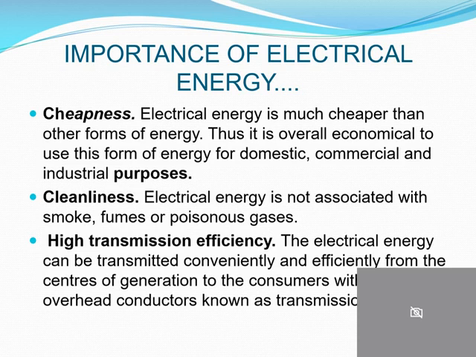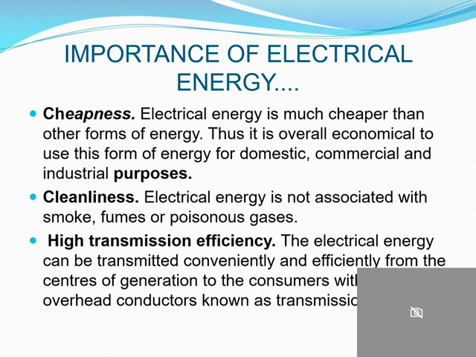It's also clean, not associated with smoke, fumes, or poisonous gases. I must admit that at generation there are some fumes, but they are regulated and monitored, and they need to make sure all the time that they stick within the legal levels, so that we maintain the cleanliness that electrical energy is supposed to come with.